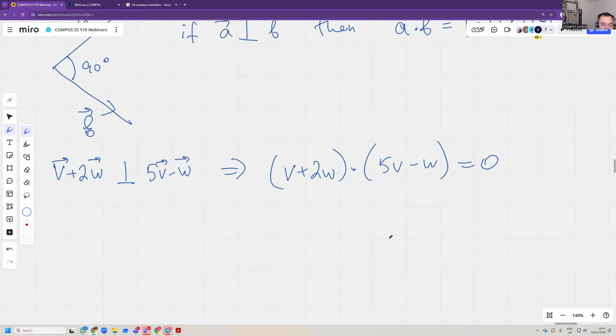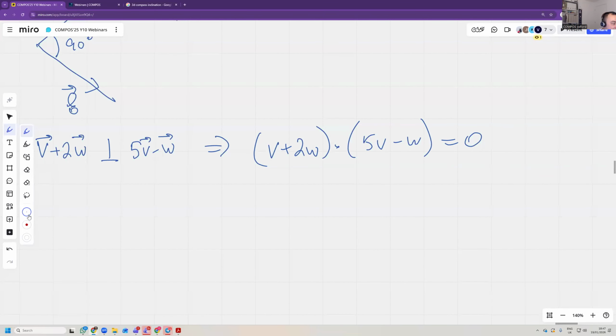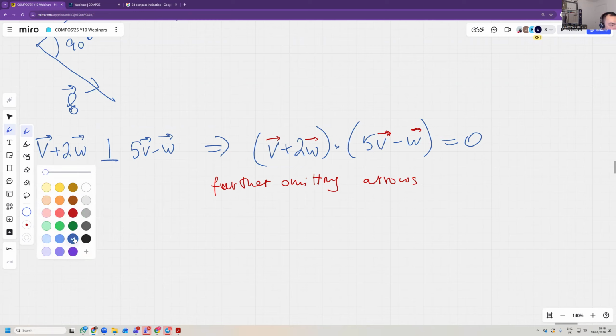Now, here I will be omitting the arrows. You should do that. But you can use the rules of multiplication with vectors.